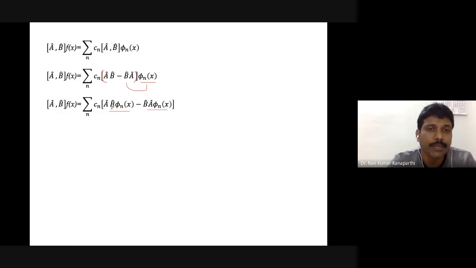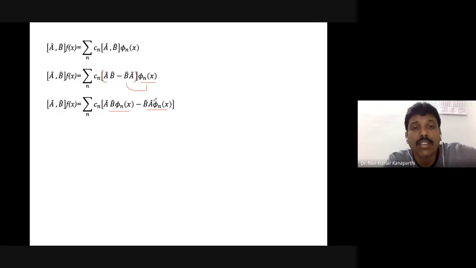Now we know that operator B, if it operates upon the eigenfunction phi n of x, the answer is Bn phi n of x. Since phi n of x is an eigenfunction, in terms of the eigenrelation I can replace B phi n of x by the eigenvalue Bn multiplied by phi n of x.